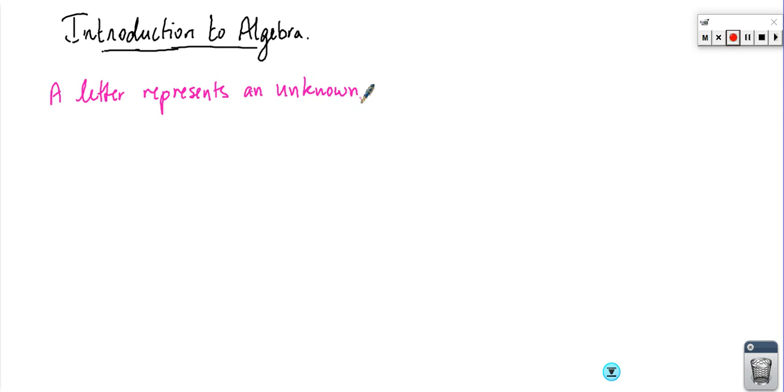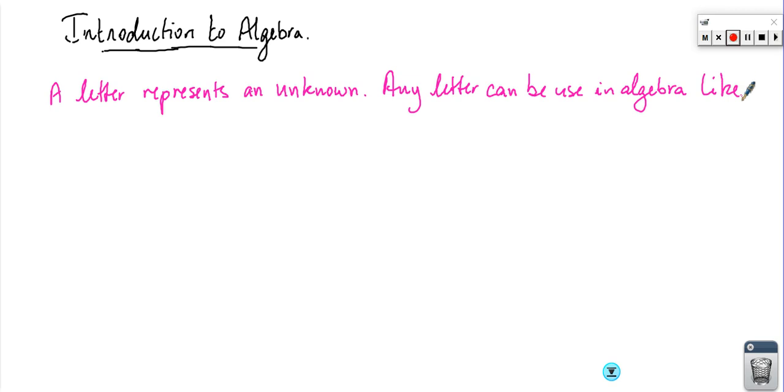We can use any letter. The most widely used letter is X, but any letter can be used. Like X, Y, A, B, etc.